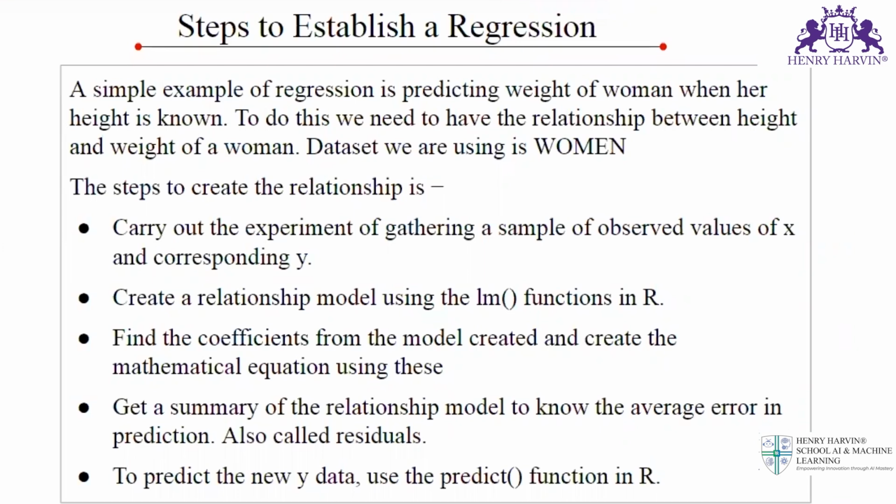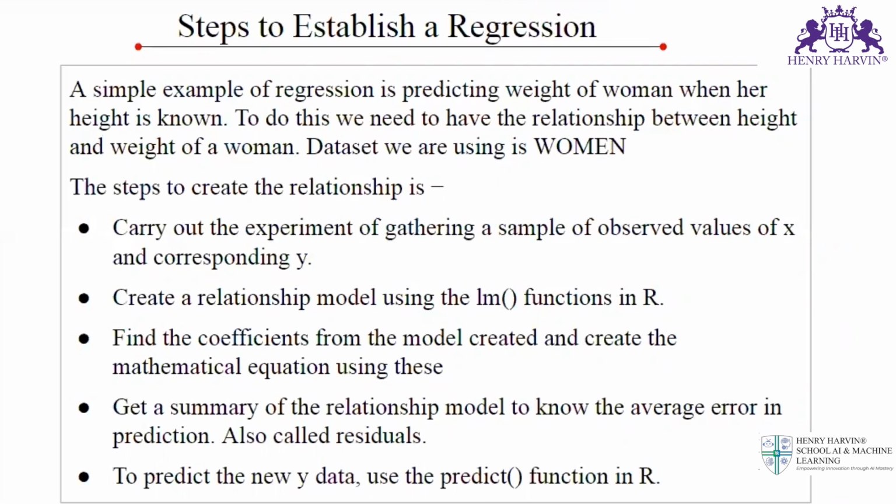When we are talking about simple linear regression, it means there is only one independent variable by which we are going to find the value of our dependent variable. So I'm taking here the example of weight and height. It is very easy to understand that when the height increases, correspondingly weight also increases.